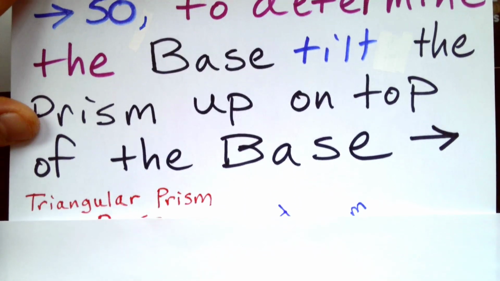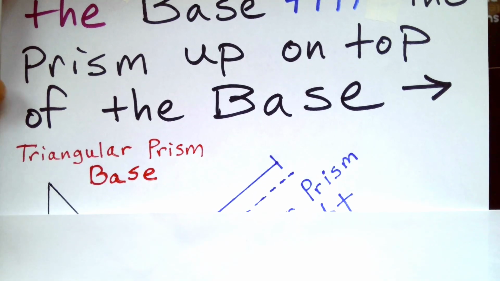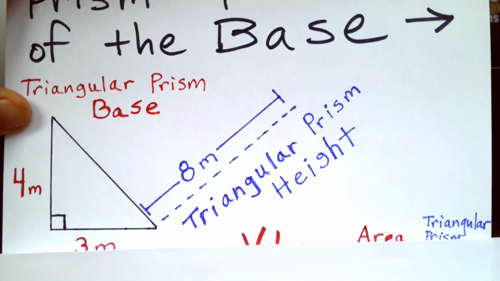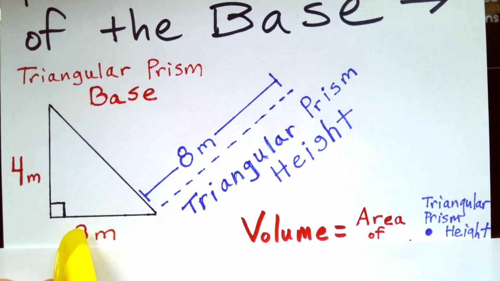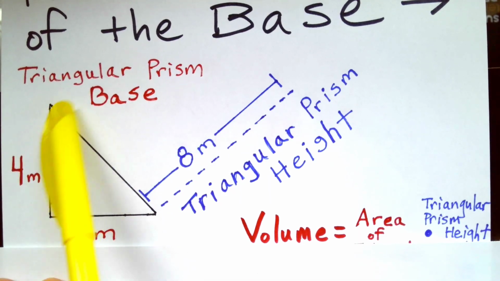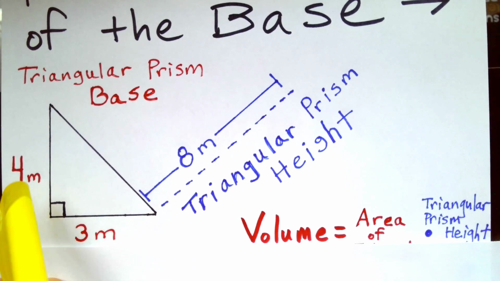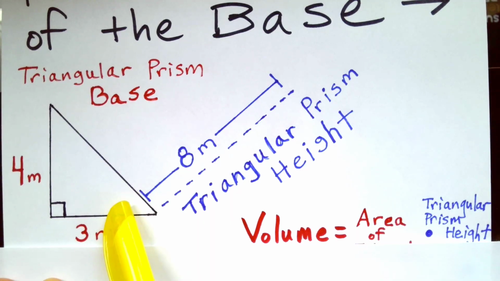Let me show you that again. As I was mentioning prior, we took the base of 3 and the height of 4 of the triangle. We multiplied base times height times 1/2 to get the area of this triangle.